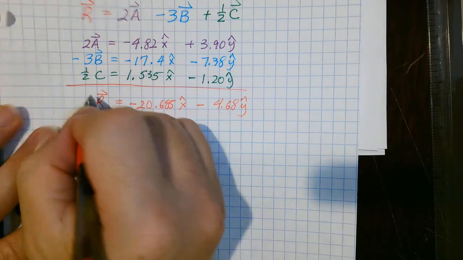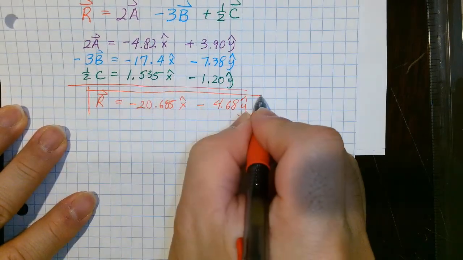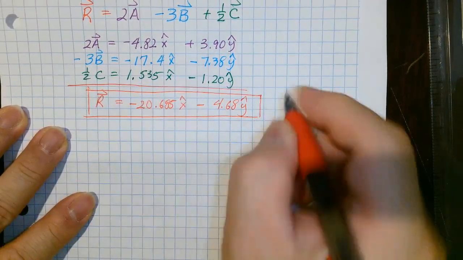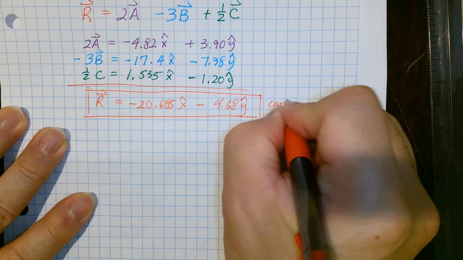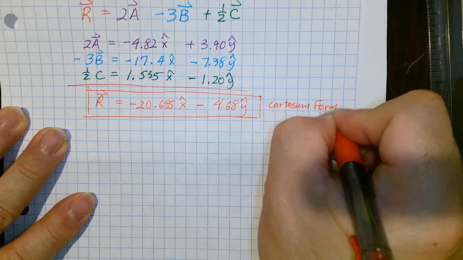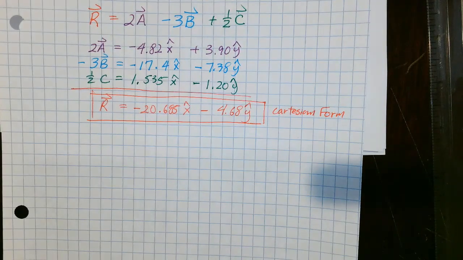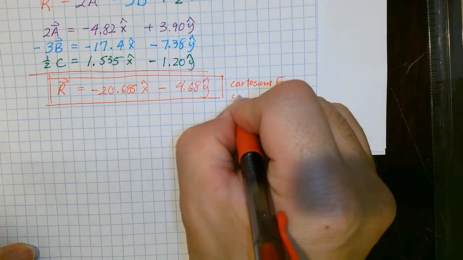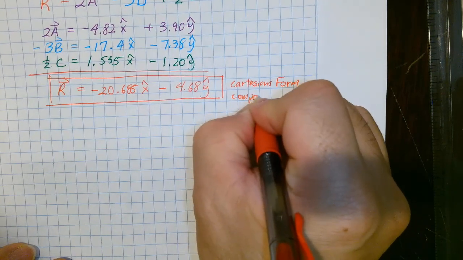So this would be my Cartesian form, or component form, of my resultant vector, the same thing, right?